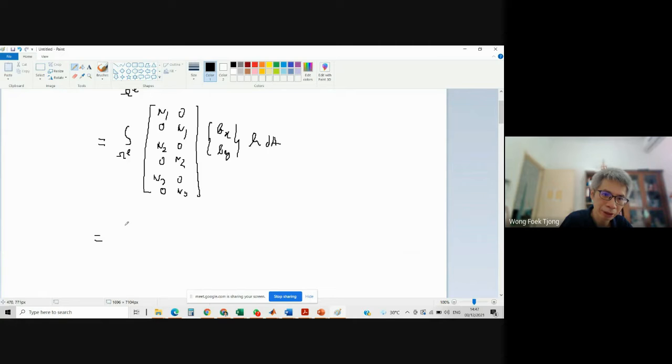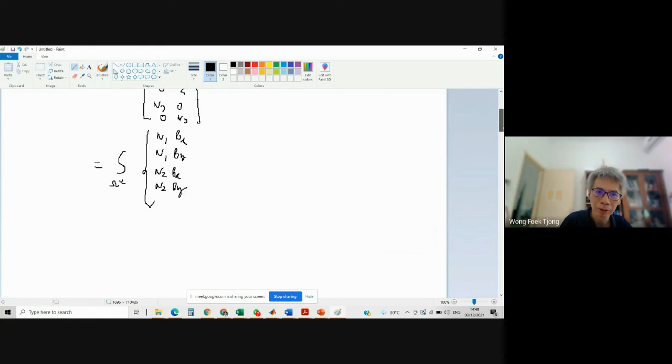This gives the integral over the element of N1 bx, N1 by, N2, and then N3 bx, and N3 by.